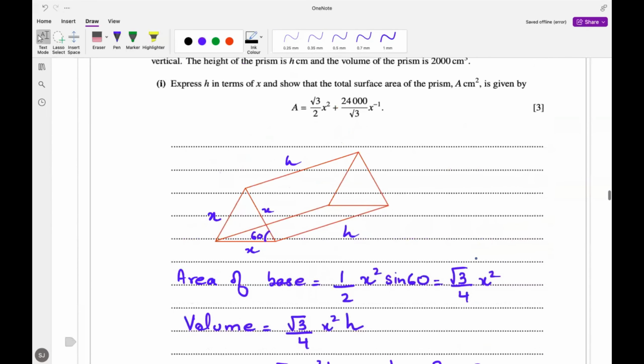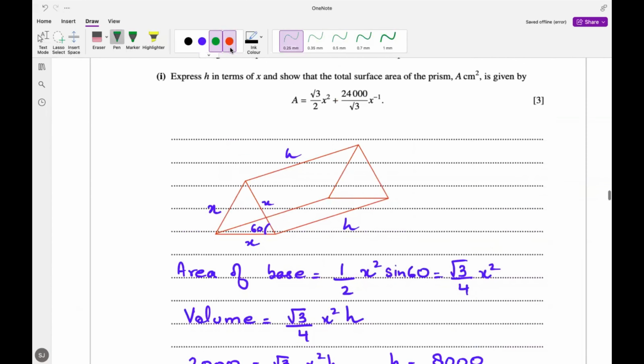Now, in the next part, we have to show that the surface area is given by the following expression. To find the surface area, we can see that we have two triangles at the opposite ends. We'll multiply the two areas, and then we have three rectangles, one at the bottom. So the area of each rectangle will be h times x.